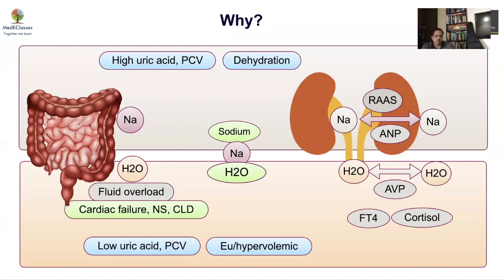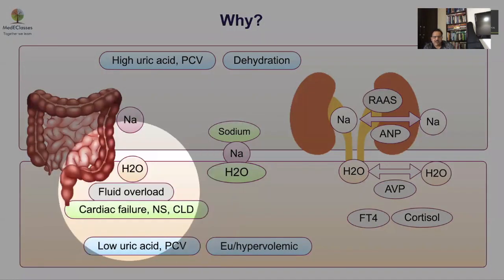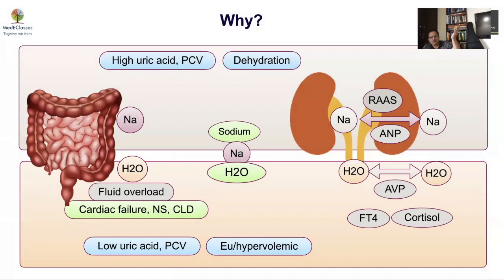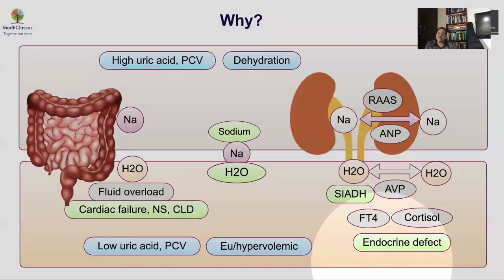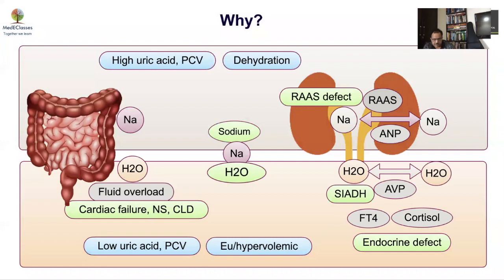Excess could be because of fluid overload, because of cardiac failure, nephrotic syndrome, and CLD. Remember, all of these conditions are effective hypovolemia. So AVP will be more, you will take in more fluid, and you will have hyponatremia. Now, you can have syndrome of inappropriate AVP secretion, but the differential to that, of course, is endocrine defect because of thyroid and cortisol deficiency.